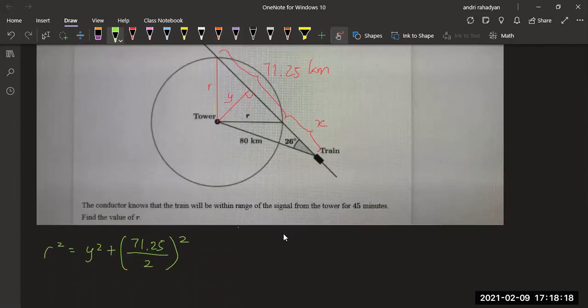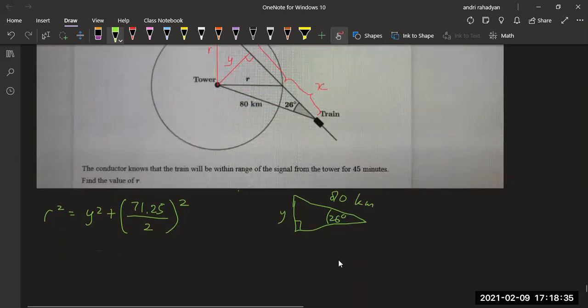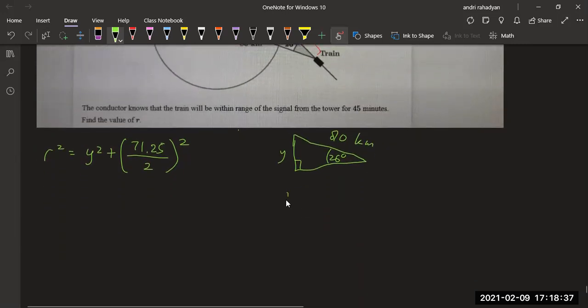Okay, this is Y, 26 degrees, right? And 80 kilometers. So sine of 26 degrees equals opposite over 80.